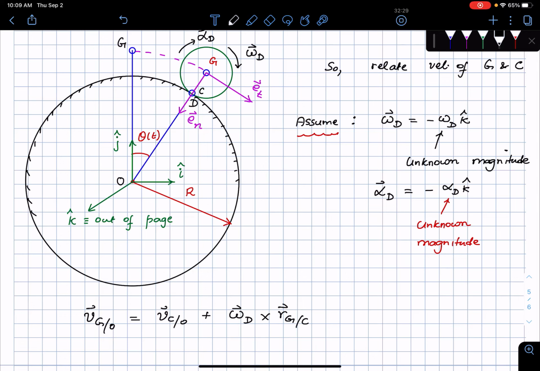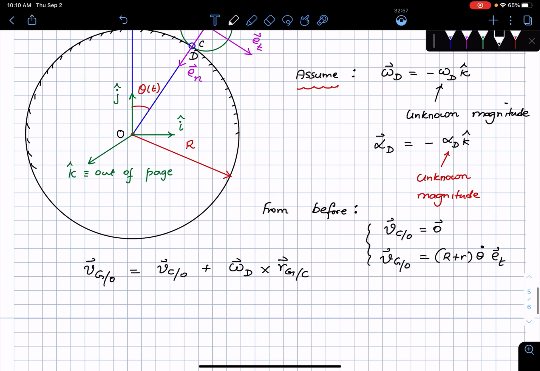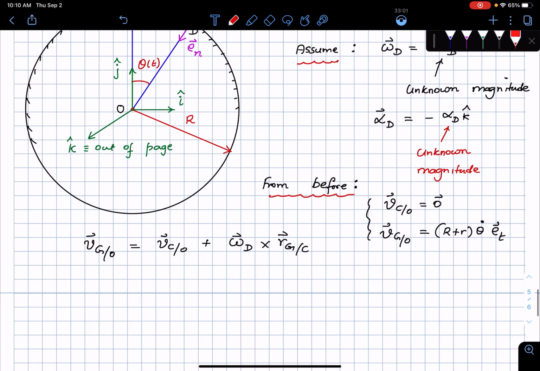We know from before that the velocity of C is essentially 0. The velocity of G is going to be R plus R theta dot in the tangential direction. So this is what we know. And I have assumed that omega of the disk is clockwise. I don't know if this is true or not, so I'm just going to fill in the details.